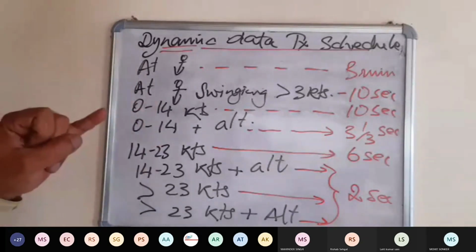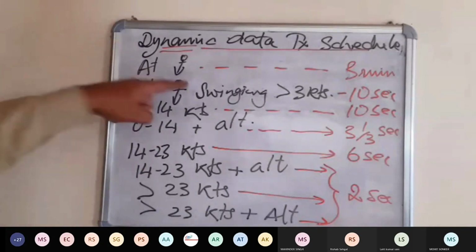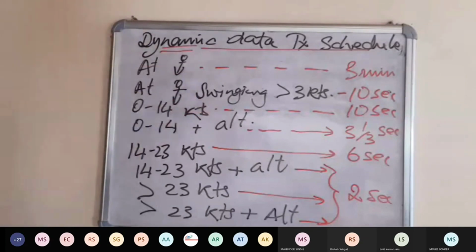Static data 6 minutes, voyage data 6 minutes, dynamic data as per the speed and alteration of course. The 4th one is manual as and when required. Are we good here? Yes, sir. Any questions here?